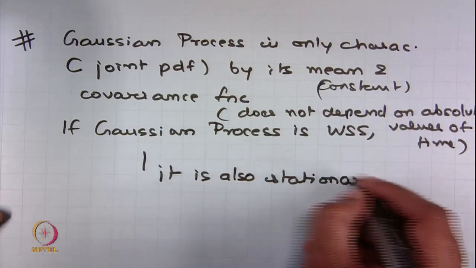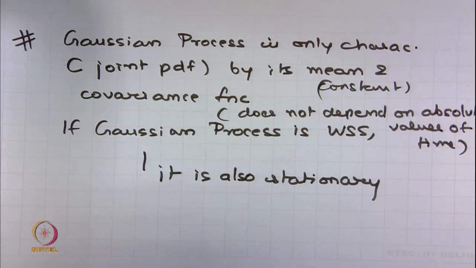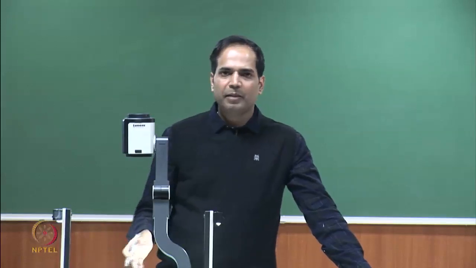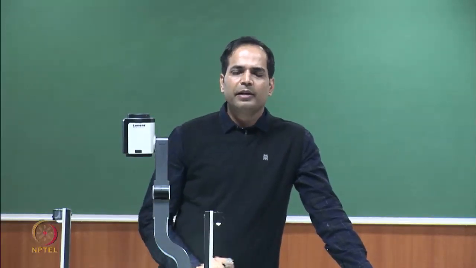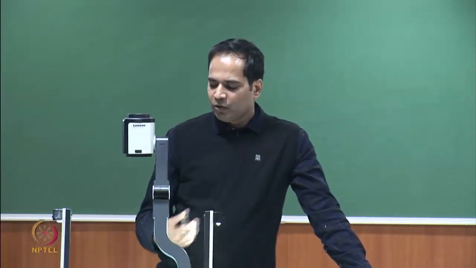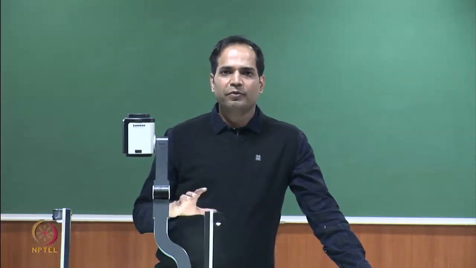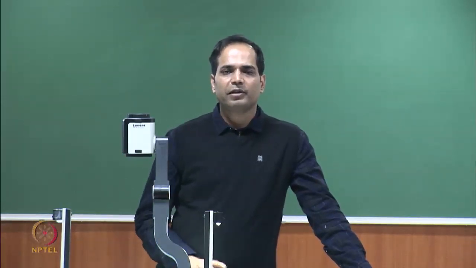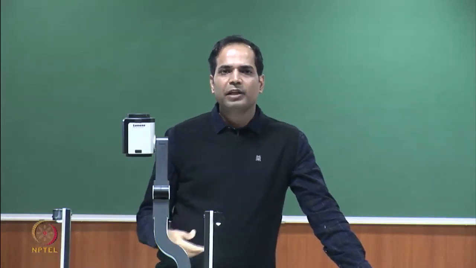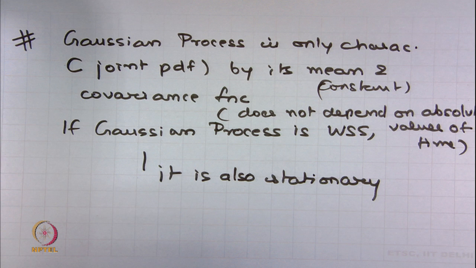So, everything simplifies for a Gaussian process, right. In general it is quite difficult to prove whether a process is stationary or not, because we have to write this joint PDF, but the joint PDF in the case of a Gaussian process is easy, because it is completely characterized by its mean and covariance function. So, if the process is wide sense stationary, that means its mean is constant and the covariance function does not depend on absolute values of time. From this we can conclude that this joint PDF is also time invariant, it does not depend upon the absolute values of time, and hence the wide sense stationary Gaussian process is also stationary.